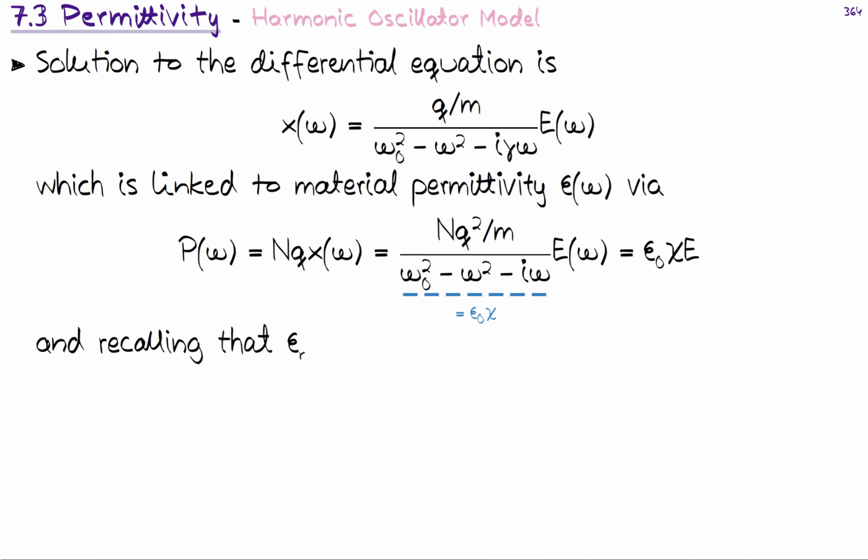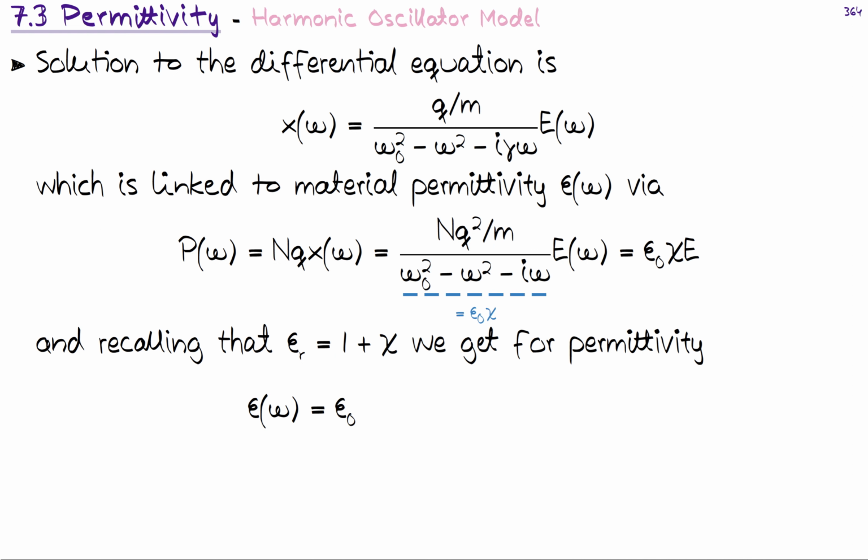Recalling that the relative permittivity is epsilon r equals 1 plus the material susceptibility chi, we can write this equation for permittivity. And please note, permittivity here is the absolute dielectric constant of the material. So this epsilon is epsilon naught, the vacuum permittivity, times the relative permittivity of the material system.